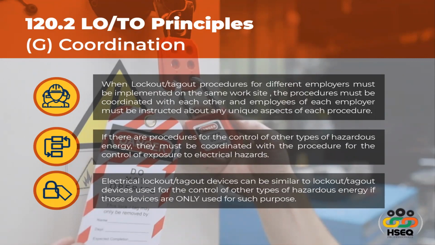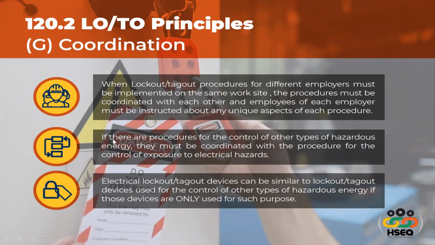Their procedures need to be coordinated, so that they know that no one can energize until the complete work package is completed and the clearance has been given. So this is important: when lockout and tagout procedures for different employers must be implemented on the same work site, the procedures must be coordinated with each other, and employees of each employer must be instructed about the unique aspects of each procedure.